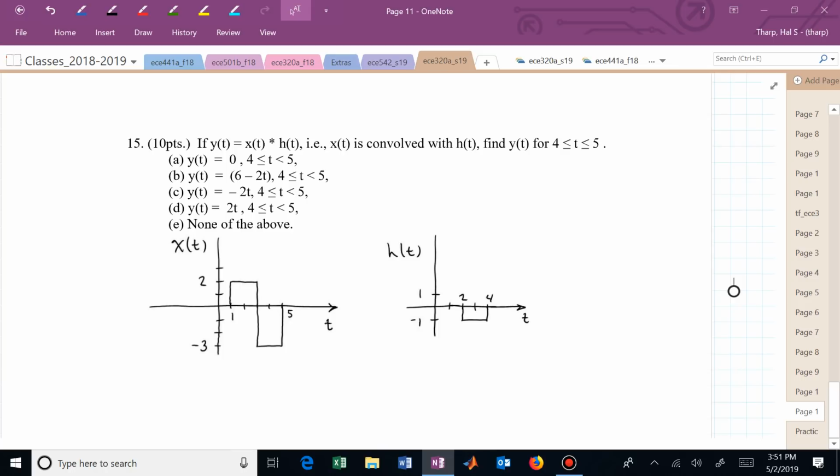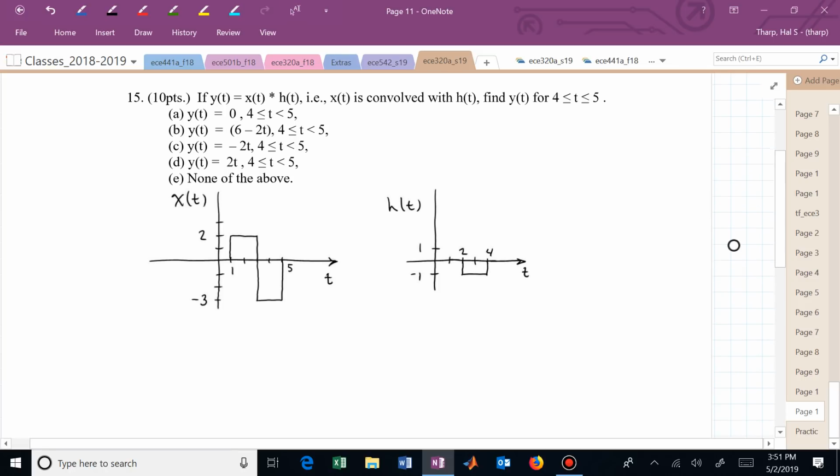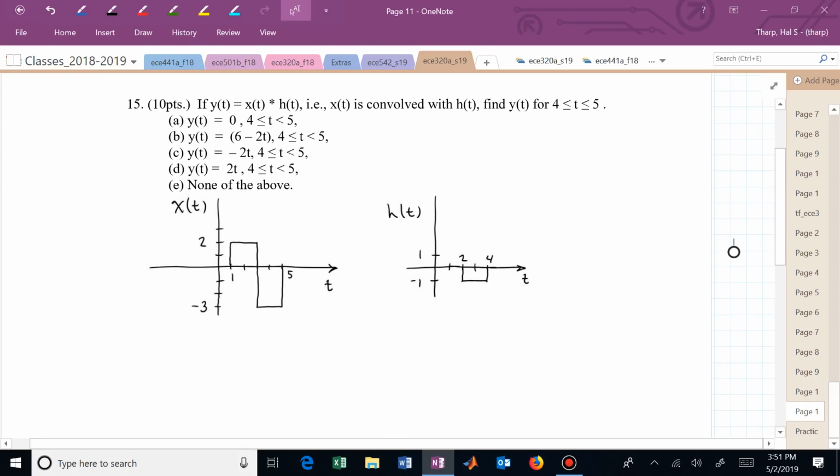And you could also say, well, let's just ask some additional questions beyond this, since this is a review session and who knows what will be on the final. When does y start? When do you start seeing a non-zero output? So forget x for a minute. h, let's say, is our ideal impulse response. That means that if we hit this system with an impulse at 0, what are we going to see at the output?